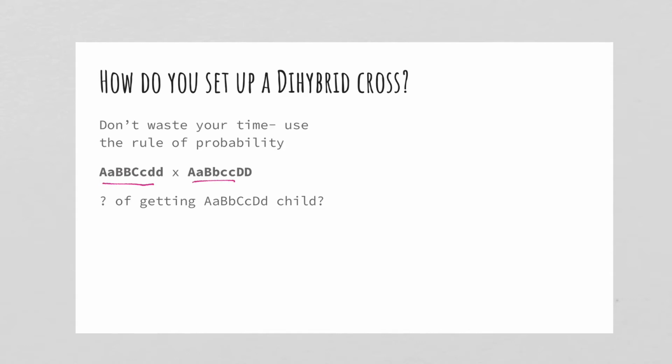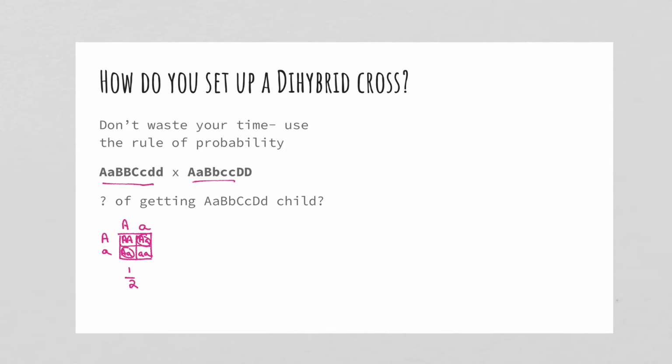Well, let's say I take just the A's. What's the probability of having a child that's going to be big A, little a from those parents? If I set up that little Punnett square, hopefully you'll see the probability is going to be 1/2, because it'll be this one and this one.